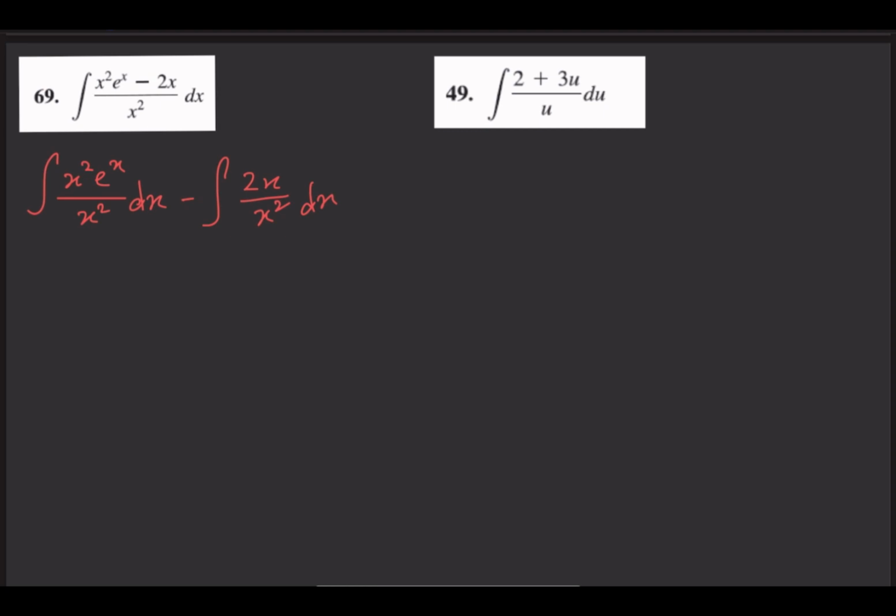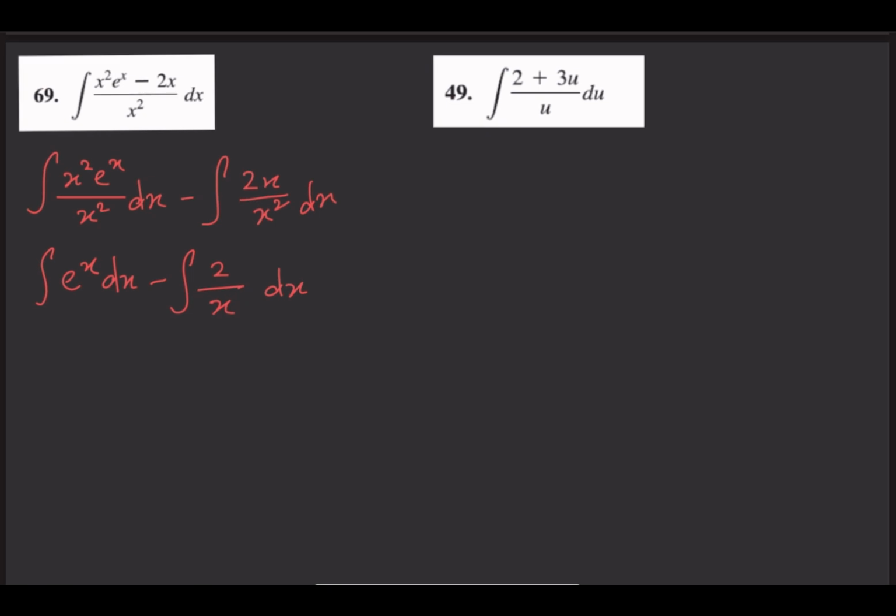Now you will notice in this case, you can simplify it first: e power x dx minus the integral of 2 over x dx. In this case, we want to find the integral.